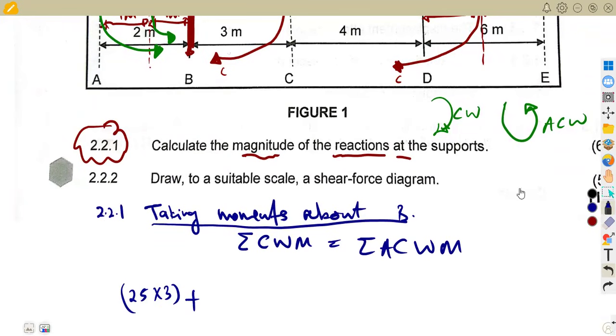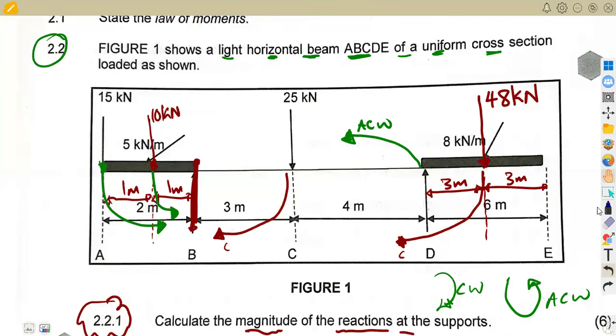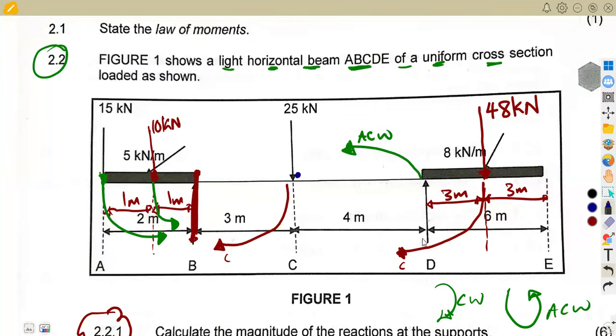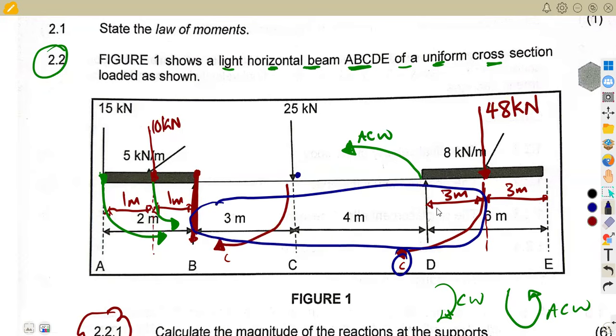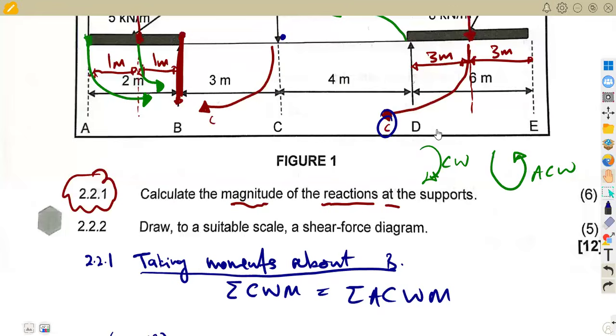Plus we still have another clockwise of 48 back to B. The distance back to B is 3 plus 4, which is 7, plus 3, which is 10. So that's 48 times 10.